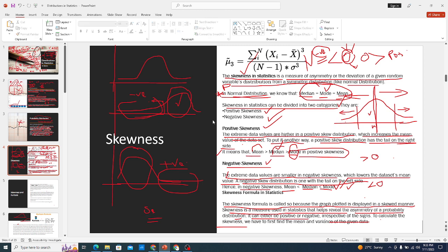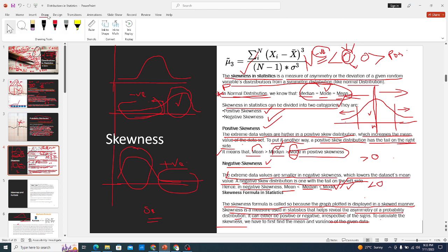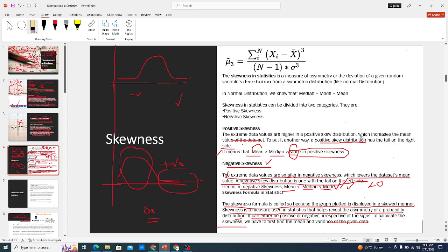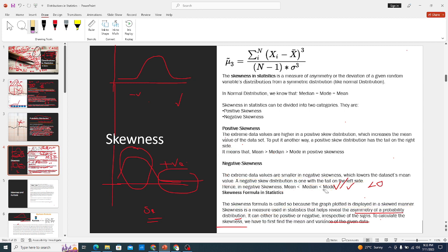It is a third derivative, so you can always check how mathematically we derive skewness from the expected value of x or from the mean. For skewness we also have an Excel function known as skewness.